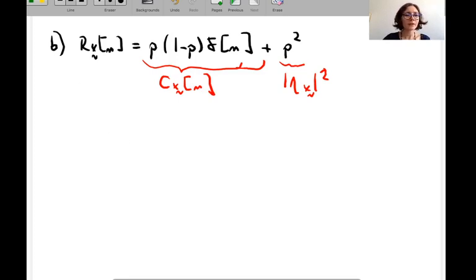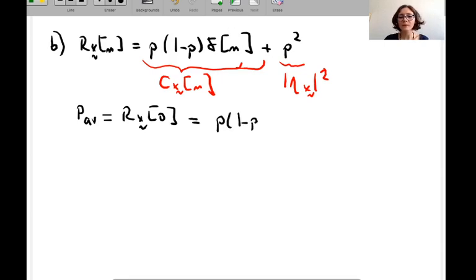So it's immediate to know that the average power is obtained by evaluating the ACF at m equals 0. Putting m equals 0 here, you have p times 1 minus p, and then p squared. So this term is going to be the AC power, and the second term, since it comes from the constant term, is going to be the DC power.